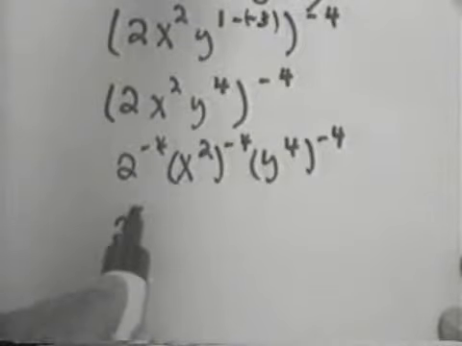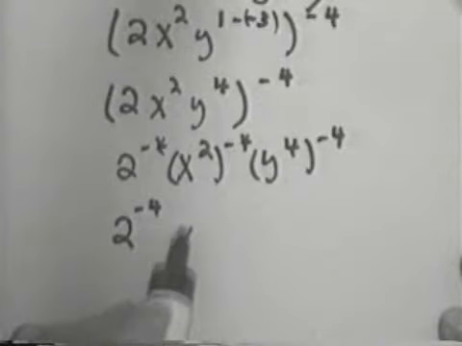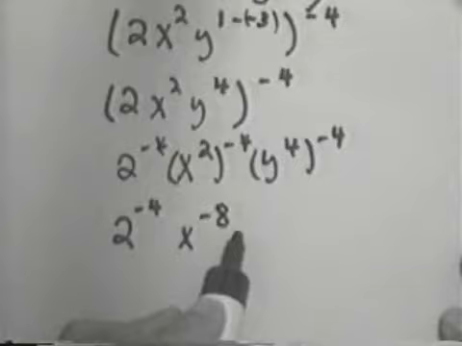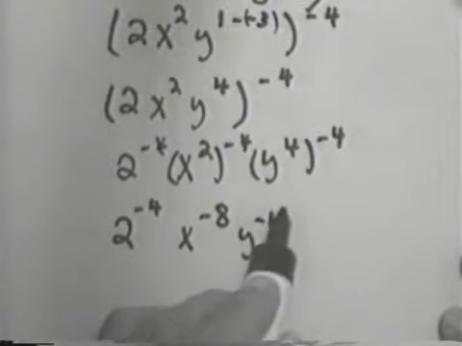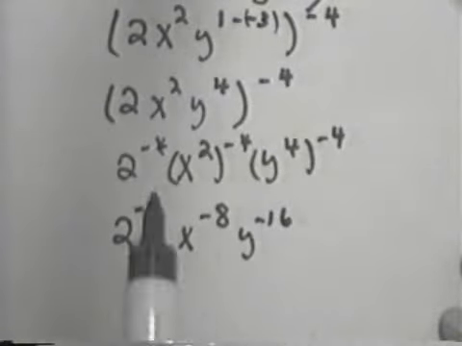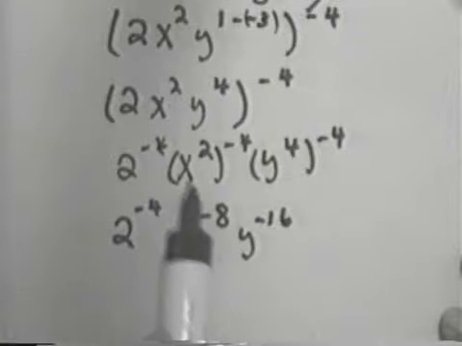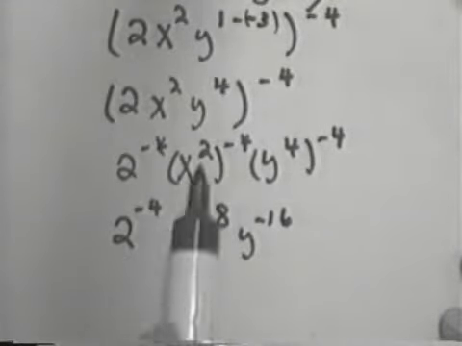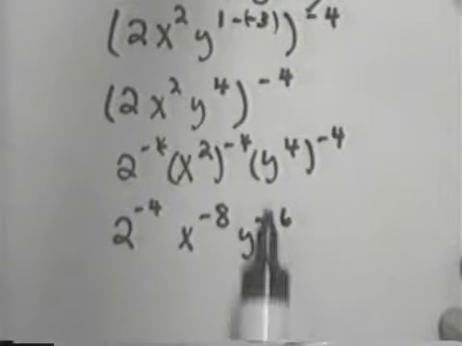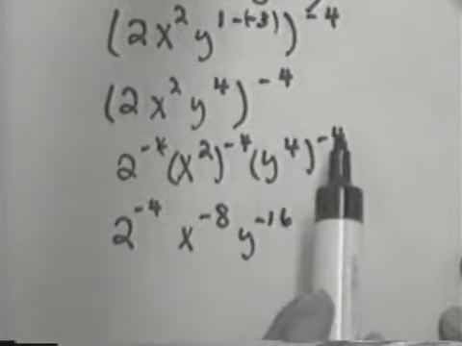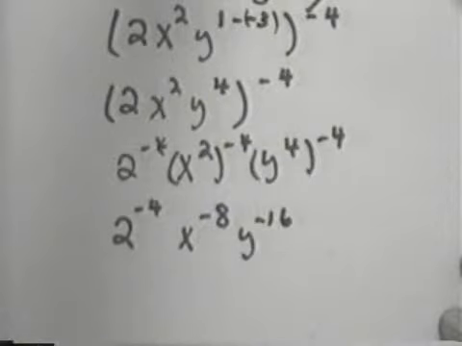Now I raise powers to powers, so it would be 2 to the negative 4, x to the negative 8, y to the negative 16. To raise powers to powers, I keep the base, multiply the exponents. So I kept the x, 2 times the negative 4 is negative 8. Keep the y, 4 times negative 4 is negative 16.